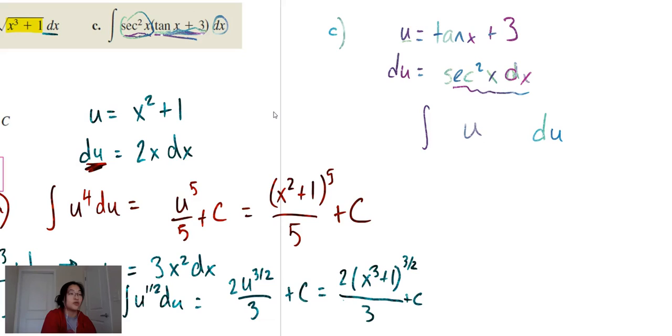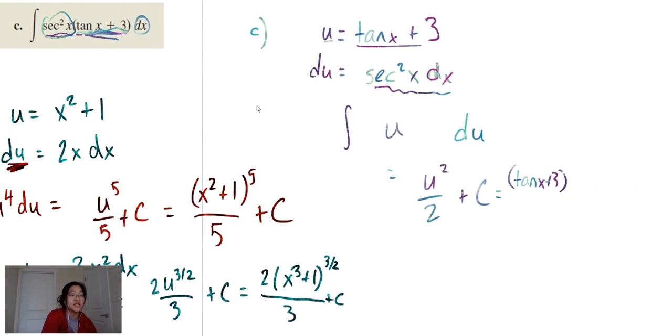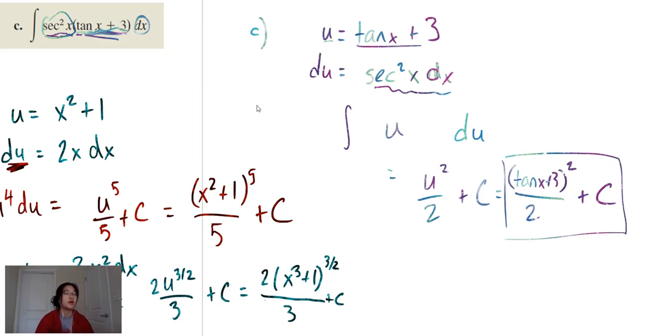So we evaluate that, and that's u to the 2 over 2 plus c. And then we substitute in our original u, which was tangent x plus 3. Tangent x plus 3 quantity squared over 2 plus c. And boom. There you go.